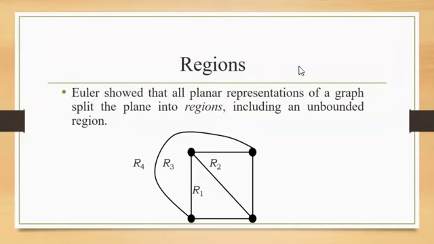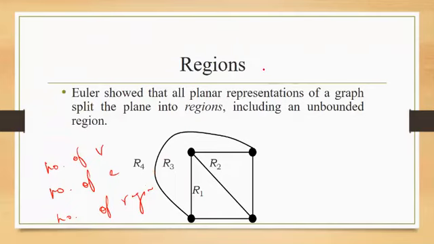He found a relationship among the number of vertices and the number of edges and the number of regions in a planar graph. So he created a formula to show that all the regions in a planar representation of a graph can be found out.